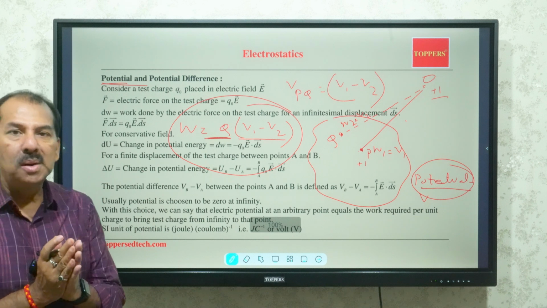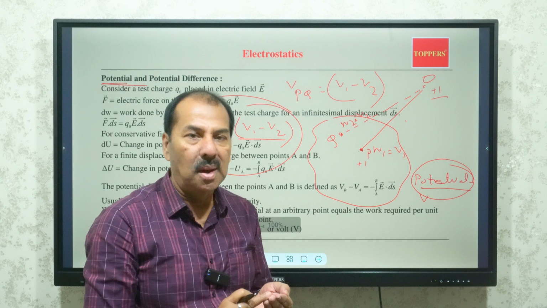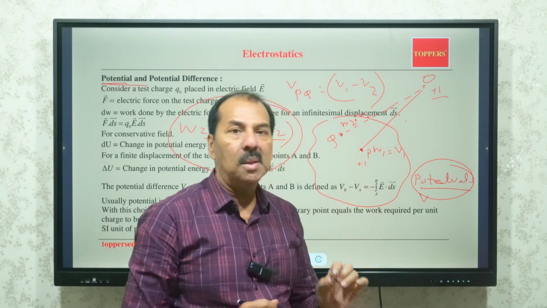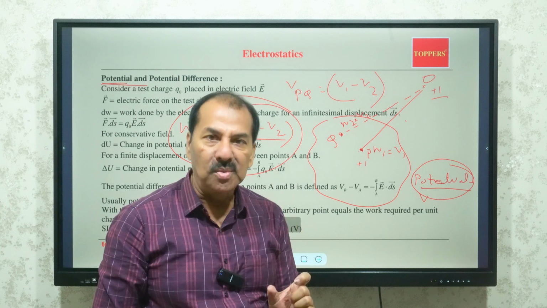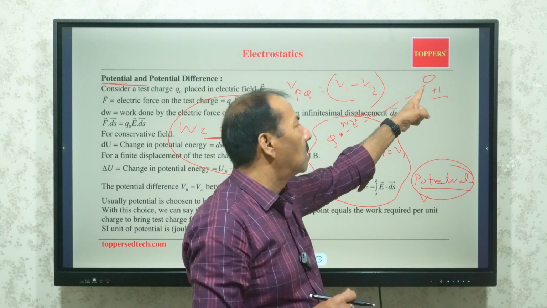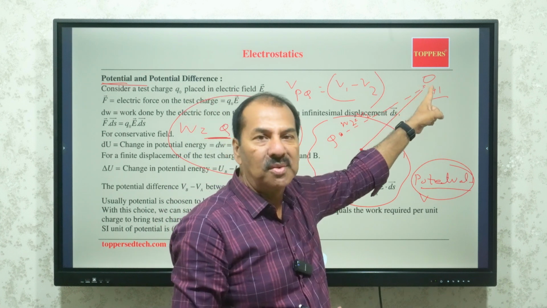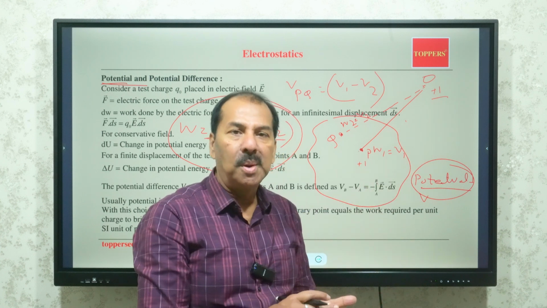So we have three words here. One is potential, another is potential difference, and third is work done. Potential is when you compare the potential of a point with respect to the origin. That is also a potential difference, but we generally use only potential, because the other point is supposed to be located at infinity and its potential is 0, so V1 minus 0 will always remain V1.